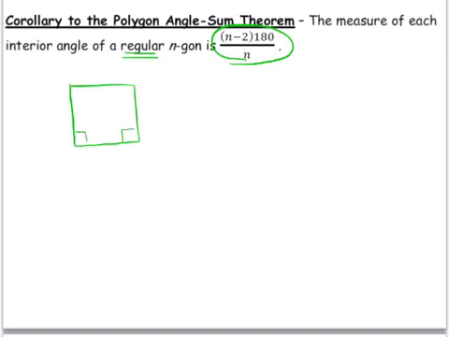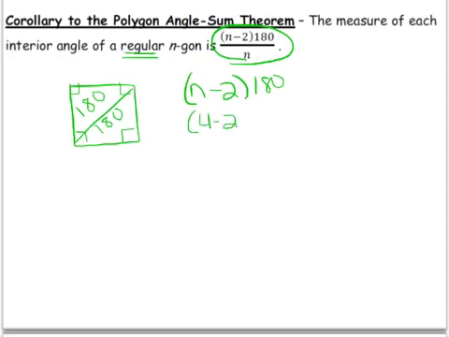We already know what the measures of each of the interior angles are, but for just a second, let's pretend we don't. If we constructed our triangles, we would have 2, and the sum of the measures of the angles of each triangle is 180. So using our formula of n minus 2 times 180, we have the square, which is a 4-sided polygon, minus 2 times 180. 2 times 180 equals 360.